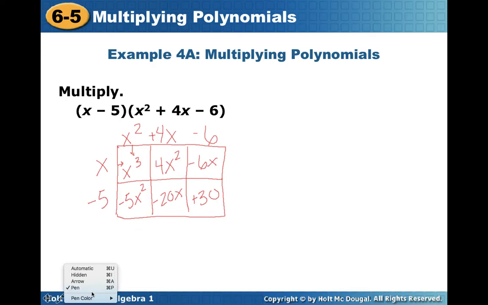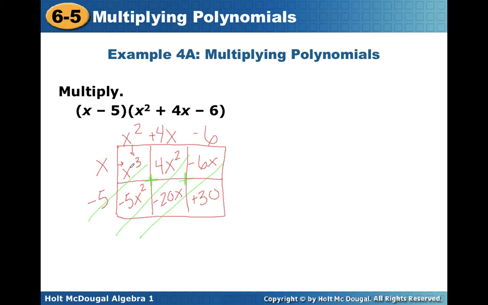Now, if you did this correctly, you should be able to look at the diagonals, and they should be like terms. Notice how the x squared and the x squared are diagonal from each other, and the x terms are diagonal from each other. Now, all you're going to do is combine the terms, adding in the middle.